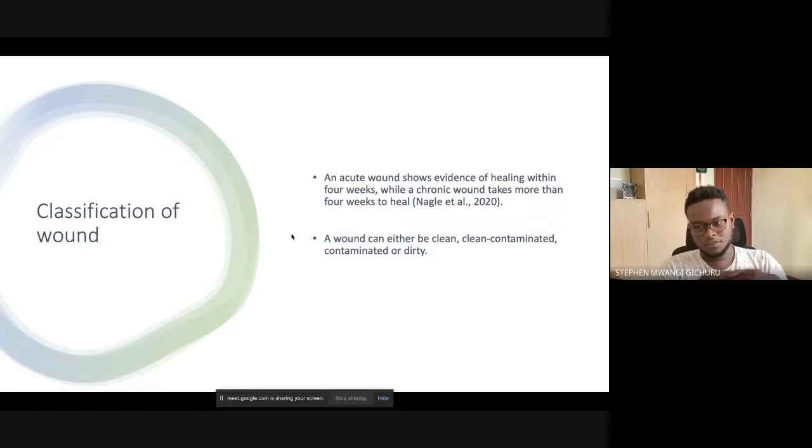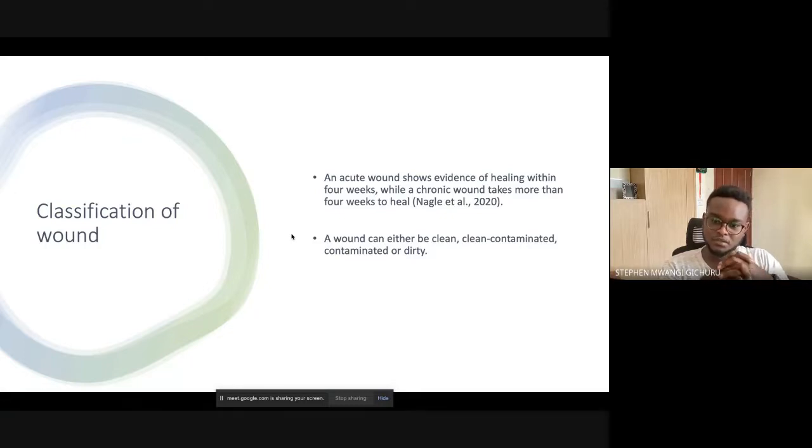I think most of the time, because there are many ways you can classify wounds, what Hillary is bringing to the table is what I think majority of your lecturers will try and ask you. Actually, my main goal is to make it easier for you to pass exams. So that classification is what most of the time they'll tend to ask. So Hillary, do you mind telling us more?